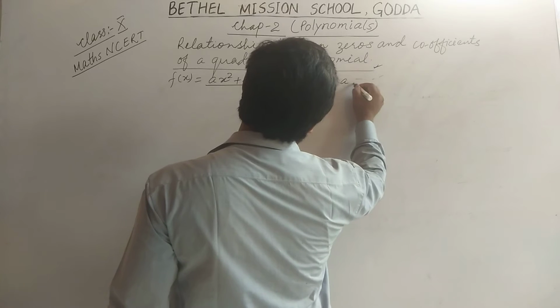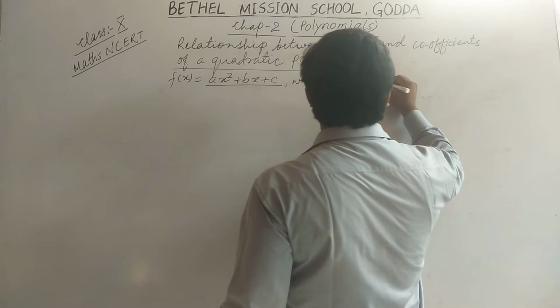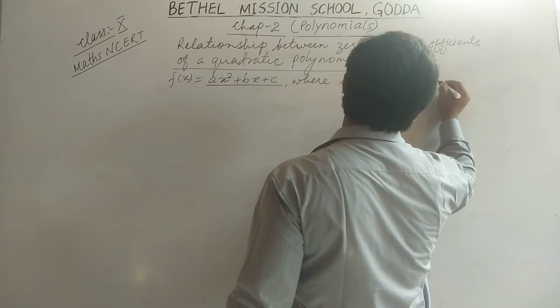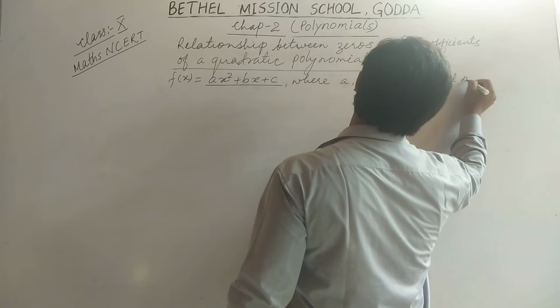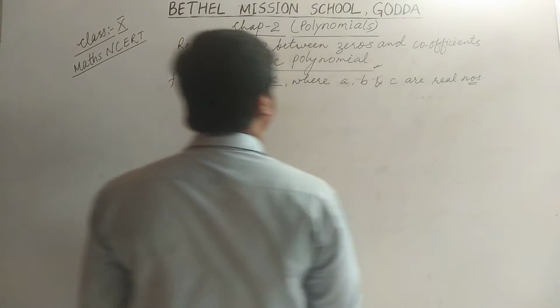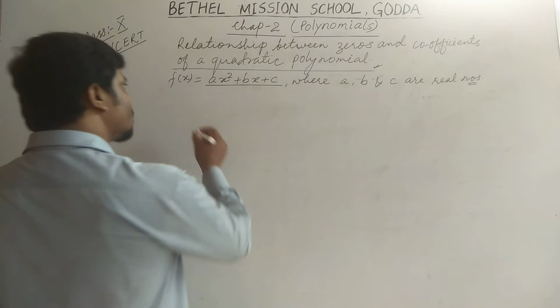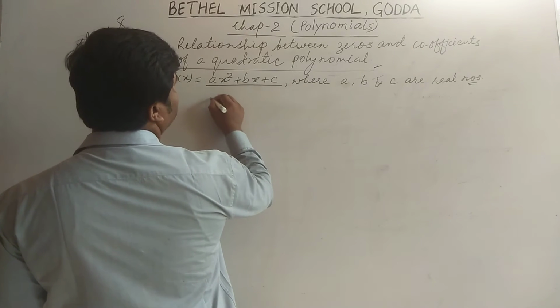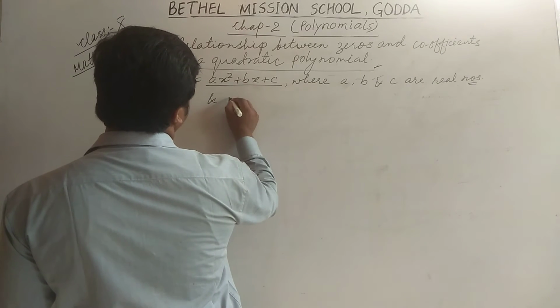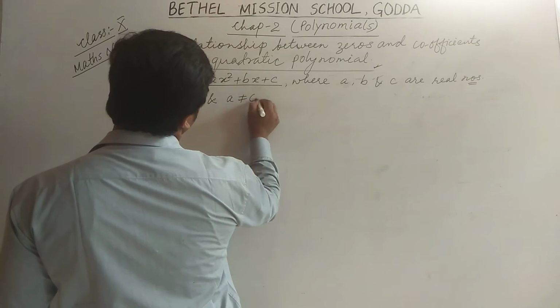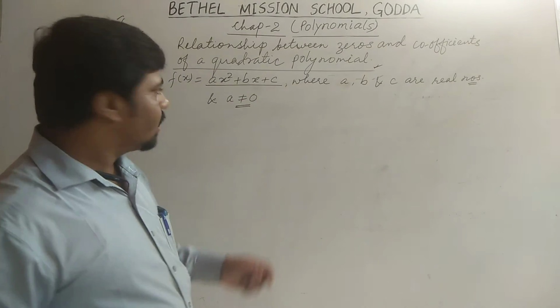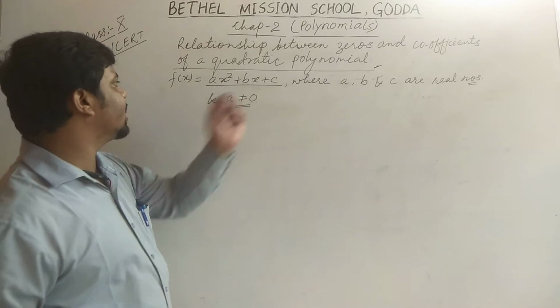Where a, b and c are real numbers, and one more condition is there: a should not be equal to 0. Why should a not be equal to 0?